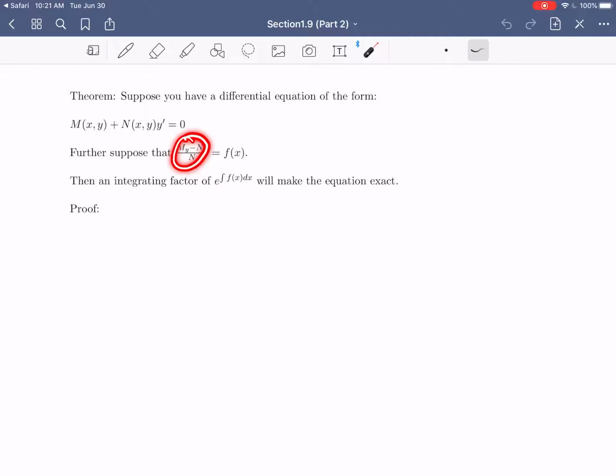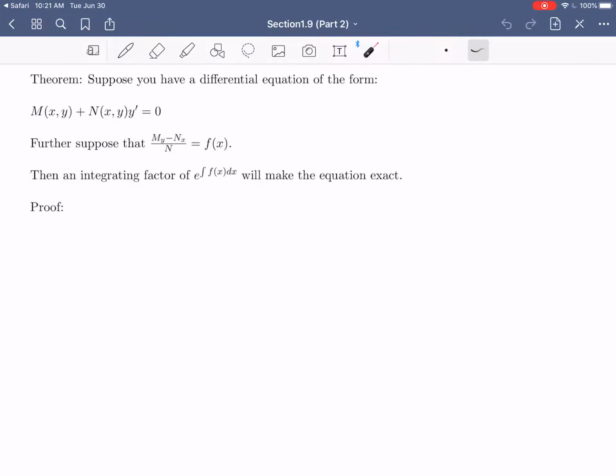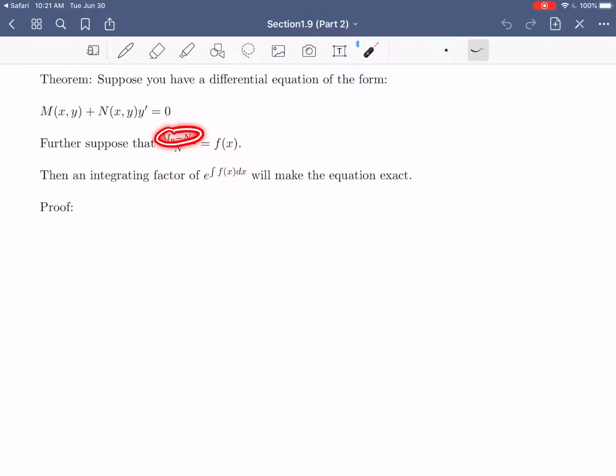So we're going to consider an expression that involves that, and we're going to say that if M_y minus N_x divided by the original N is equal to a function of x alone, so the partial with respect to y of M minus the partial with respect to x of N divided by the original N is equal to a function of x alone, doesn't matter what the function is, as long as it's a function of the x variable only, then an integrating factor of the form e to the integral f of x dx will make the equation exact.